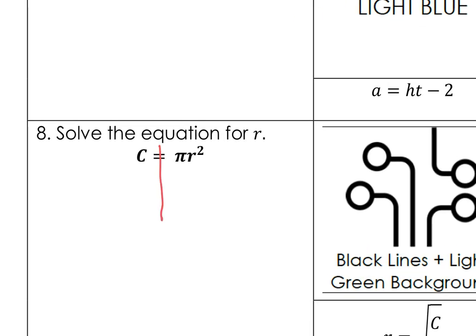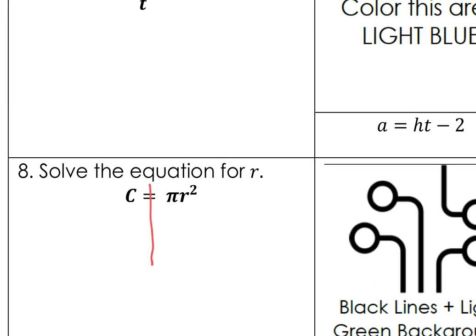Number 8, I gave you one with an exponent. The circumference is equal to pi times the radius squared, and we are trying to get r by itself. r has an exponent of 2. But when we're doing inverse operations, you're doing the opposite of PEMDAS.